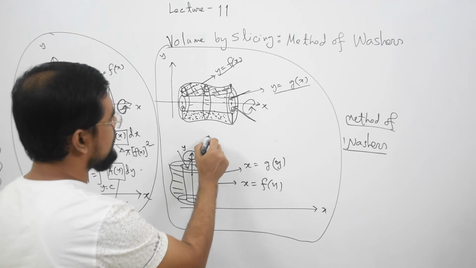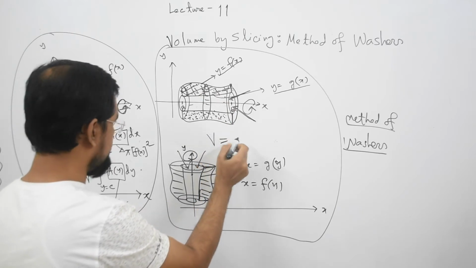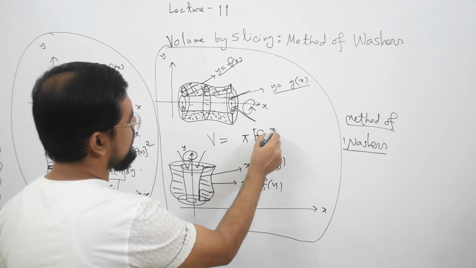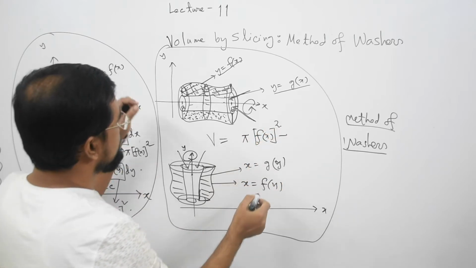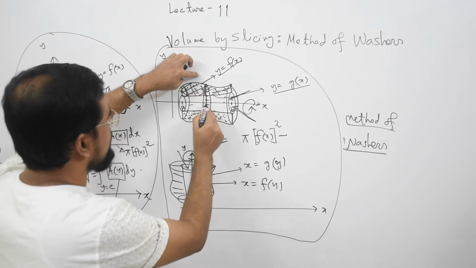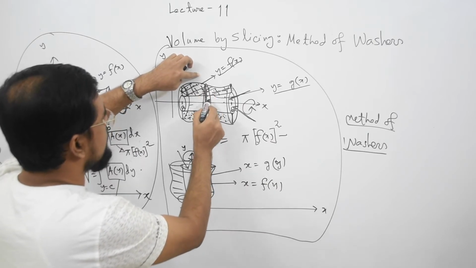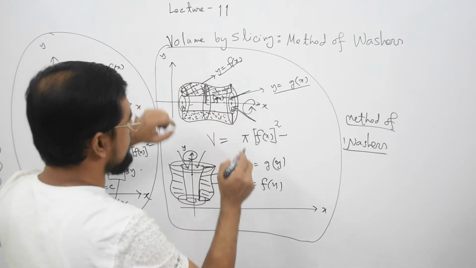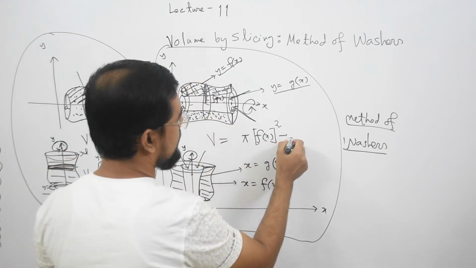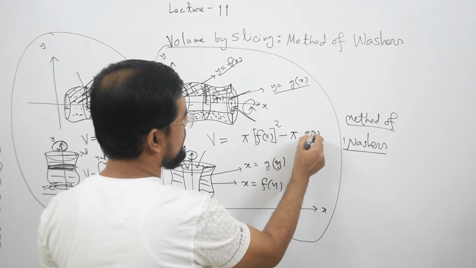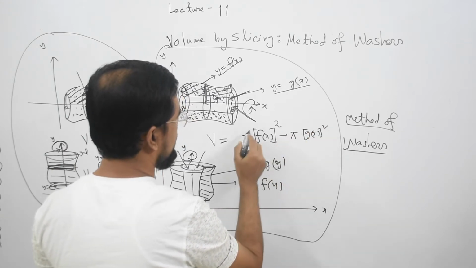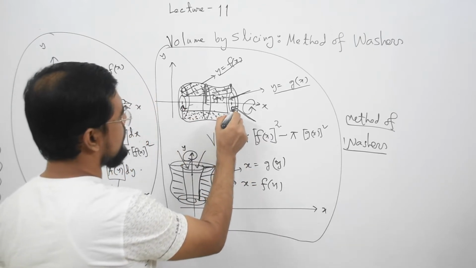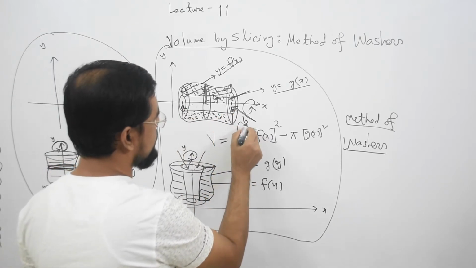But in order to calculate volume in the case of the washers method, you need to subtract the volume of this region. So the formula will be pi f(x) squared minus pi g(x) squared, integrating from one end a to the other, a to b.